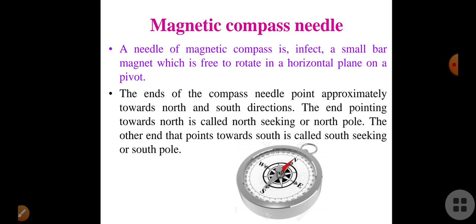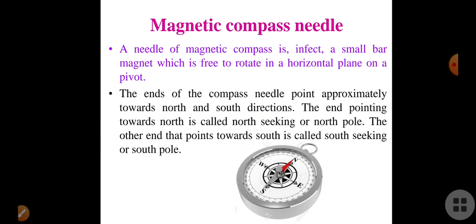So, the needle of a magnetic compass is in fact a small bar magnet which is free to rotate in a horizontal plane on a pivot or axis. It can rotate, it can adjust itself according to the magnetic materials. The ends of the compass needle point approximately towards north and south directions.